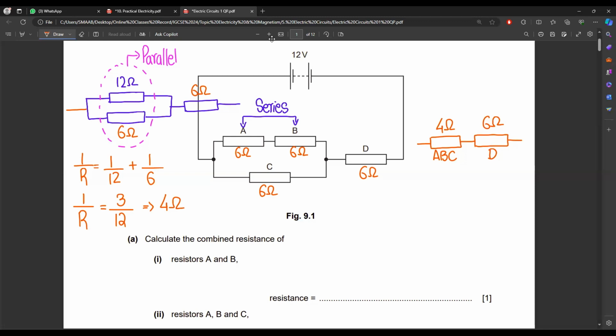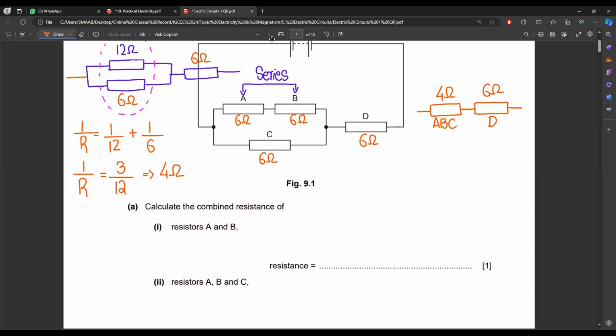We are getting 10 ohms as the final answer of the overall combination, right? And in the first part, they are only asking about A and B. So as we join A and B, we will get the answer 12.